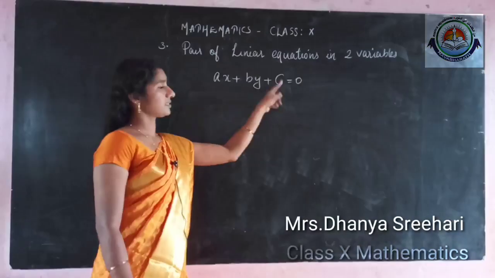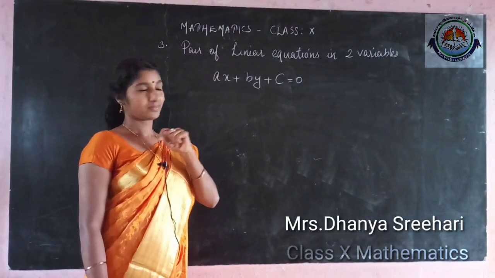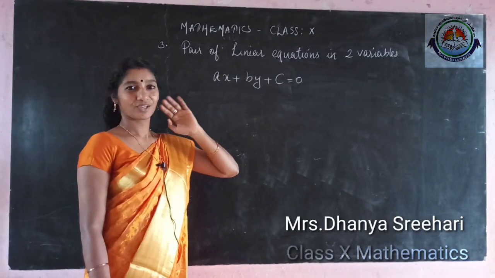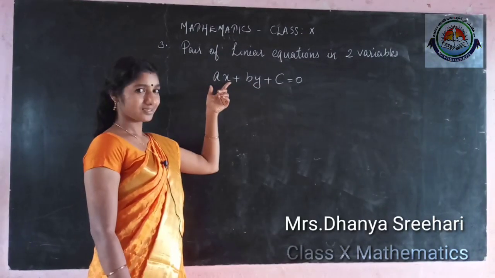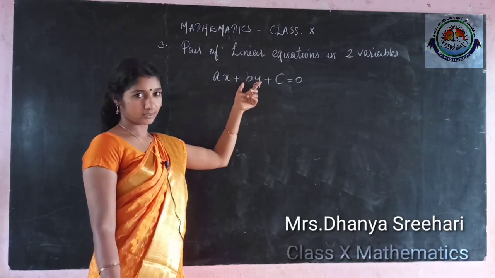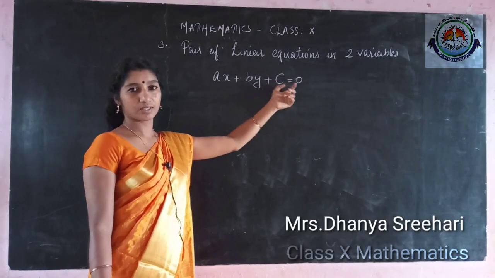Here a, b, c are the constants and x and y are the variables. Got it? ax means x term, plus by means y term, plus constant is equal to 0.